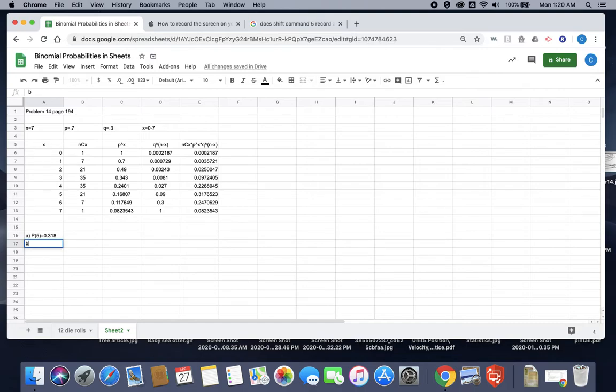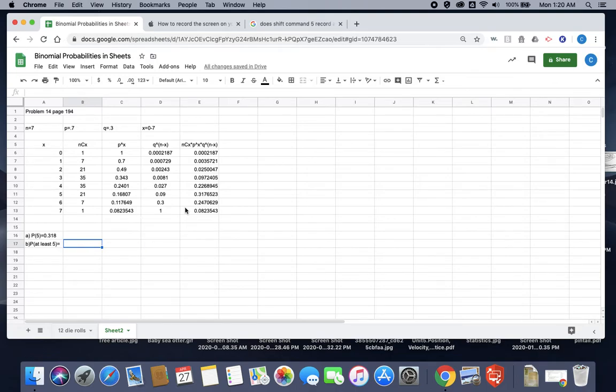Letter B asks us, at least 5 patients have successful surgeries. So we're looking for the probability of at least 5 surgeries are successful equals. We're going to move over to the next cell to get that answer.